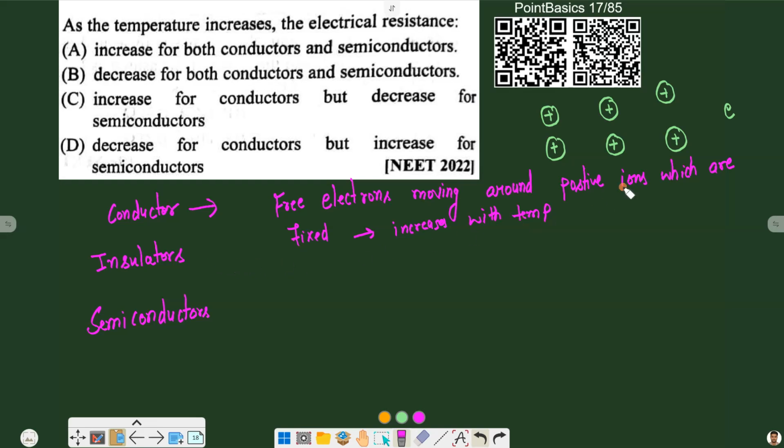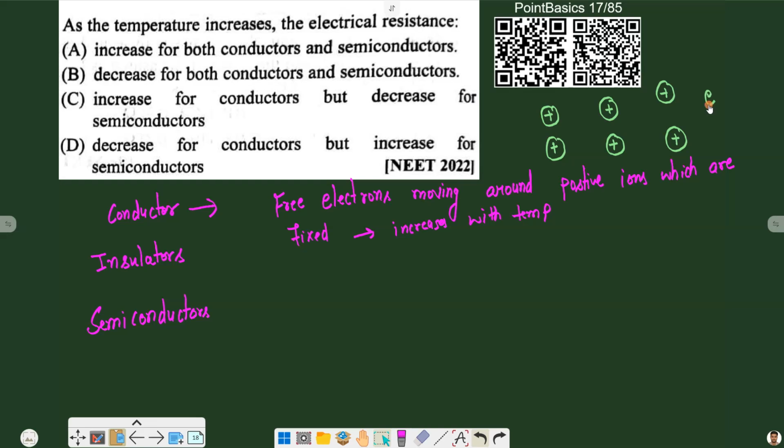Now coming to insulators. In case of insulators, these electrons are not free. These electrons are bound to these positive ions, and we need energy to break them. Now, as we increase the temperature, more and more energy is provided to these electrons, and at sufficient temperature, these electrons will break free from these positive ions.